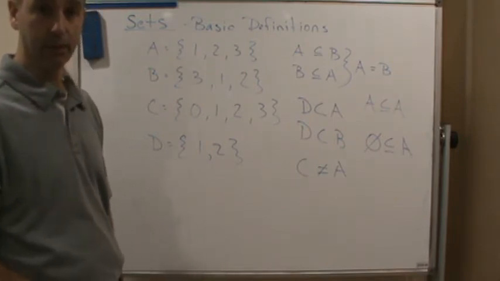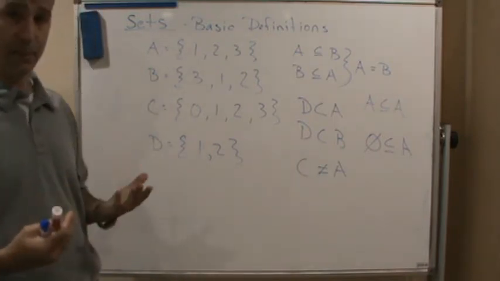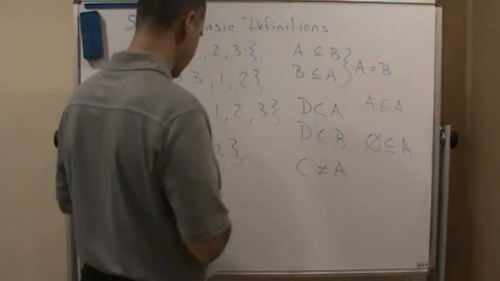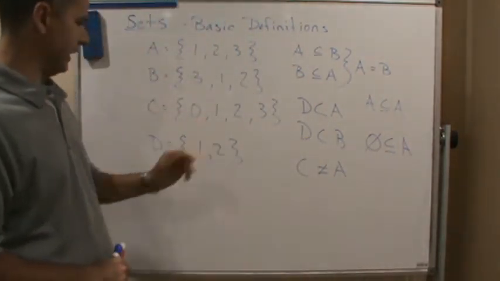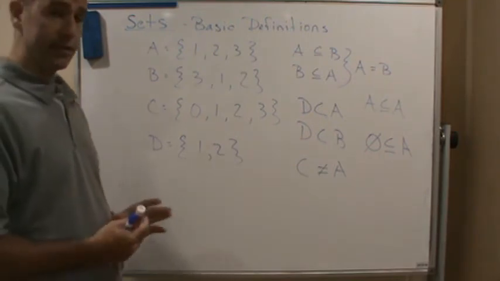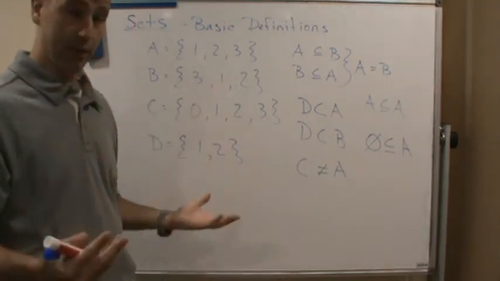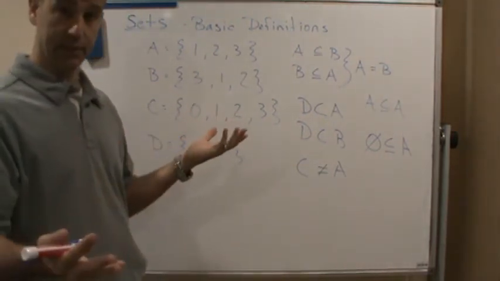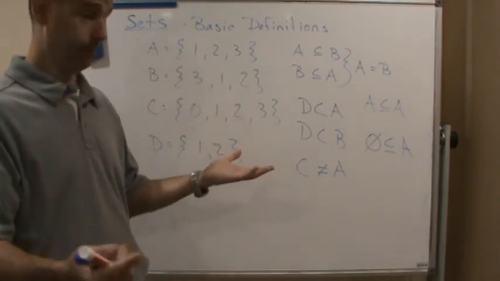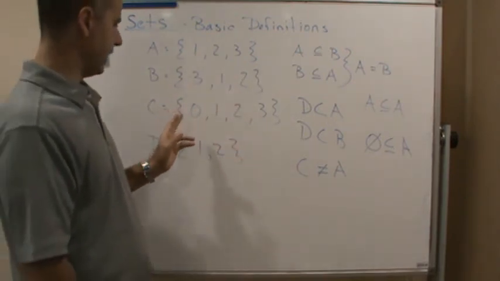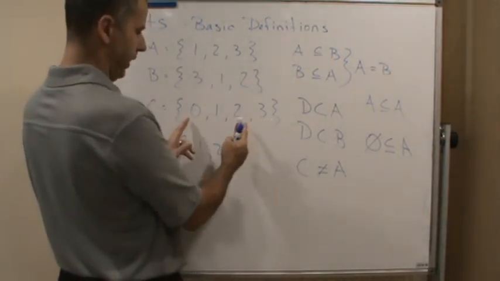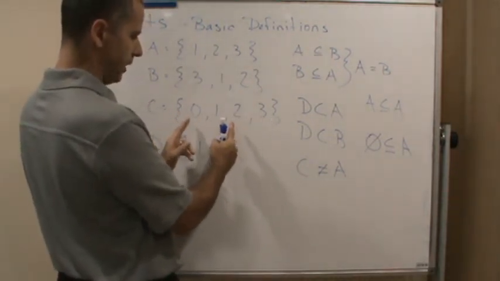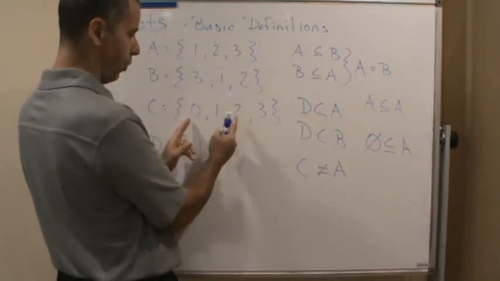So when you're counting subsets, for example, if I wanted to find out how many subsets there are in C, well, one subset is the whole set, C itself. C is a subset of C, so that's 1. Then I could take all the different subsets of size 3, one less.